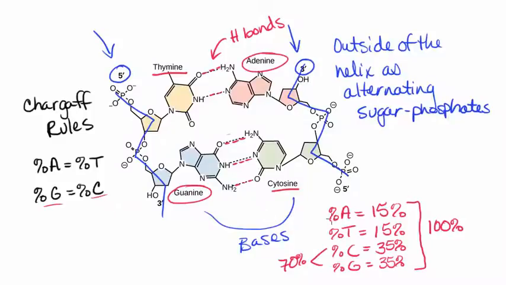And then again, if we added up all of them, that they are going to equal 100%. So anytime you're presented with one of the percentages of a nitrogenous base within a double-stranded DNA molecule, we should be able to figure out what the percentage is of the other 3 bases.